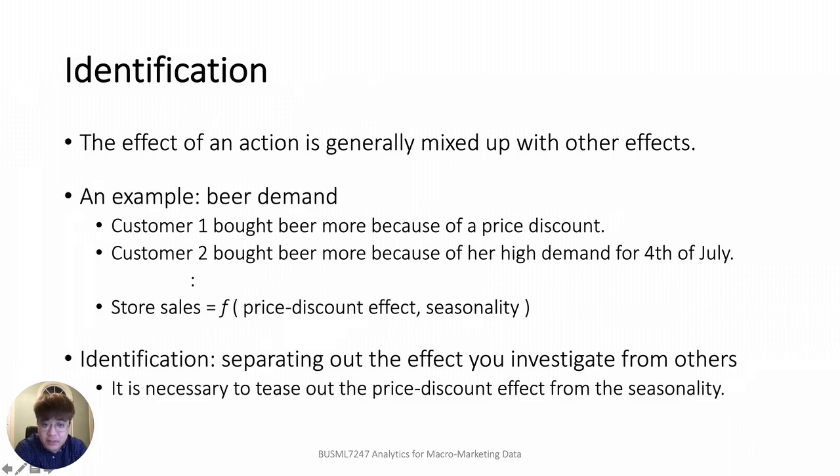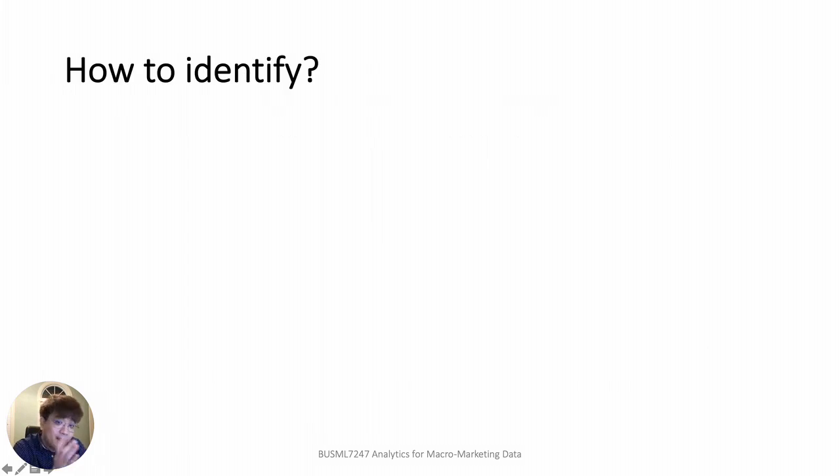Identification is a procedure to separate out the effect we investigate from other effects. In the beer example, if we want to identify the price discount effect, we need to get rid of potential confounding factors such as seasonality. Then, how to identify?